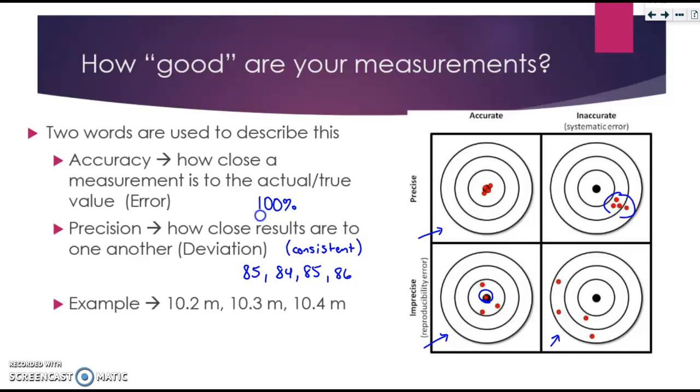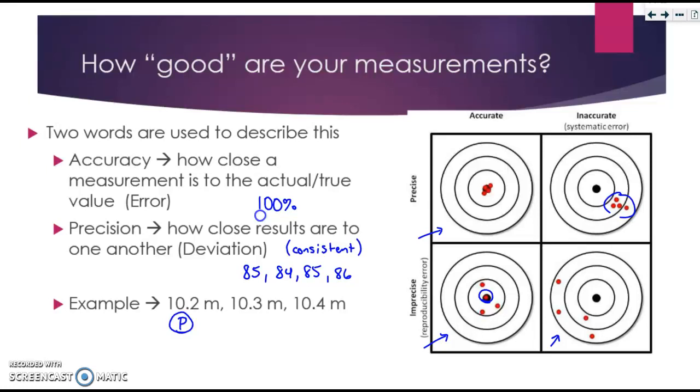In this example problem, if I said, are these values accurate, precise, both, or neither? 10.2, 10.3, and 10.4. Hopefully when you look at those numbers, you think, oh, they're close together. So because they're close together, we're definitely precise. Are you accurate?